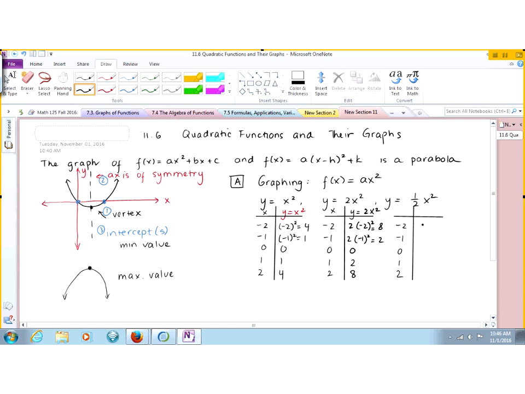And then this one is half times -2 squared, half times -1 squared, half times 0 is 0. Half times 4 is 2, half times 1 is half. So this is half, this is 2. Can we graph them on the same set of axes?